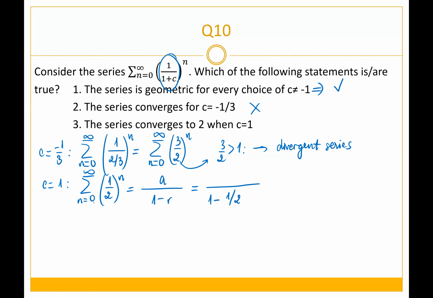And for a, it's going to be whatever value we end up with when we plug n equals 0 into this entire fraction. When n equals 0, you have 1. So you have 1 over 1 minus 1/2, which is 1 over 1/2. So it's going to be 2. And so the third statement is correct. So when you choose your answer choices, the first and the third statements are correct.